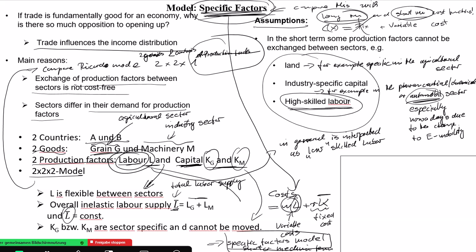So to speak, the industrial specialized machine you can only use in producing pills in the pharmaceutical sector. You cannot use this machine in the agricultural sector in order to produce wheat.